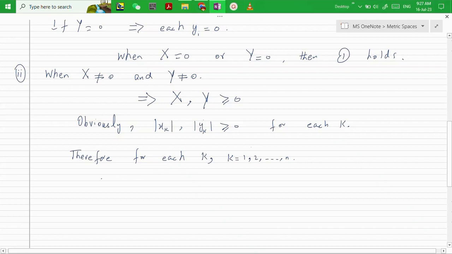So for each k, mod of xk over capital X is non-negative, and for each k in the same way, mod of yk over capital Y is non-negative.